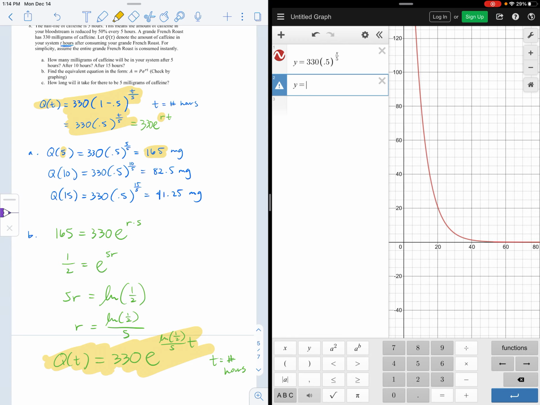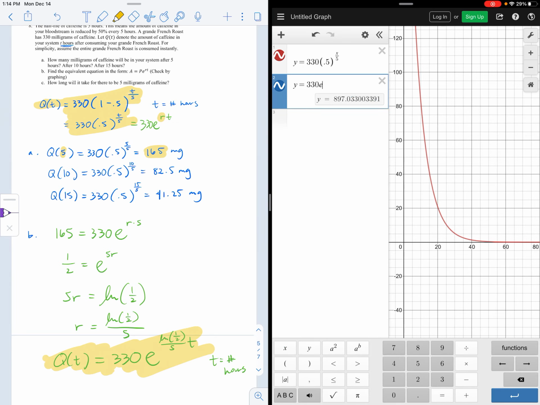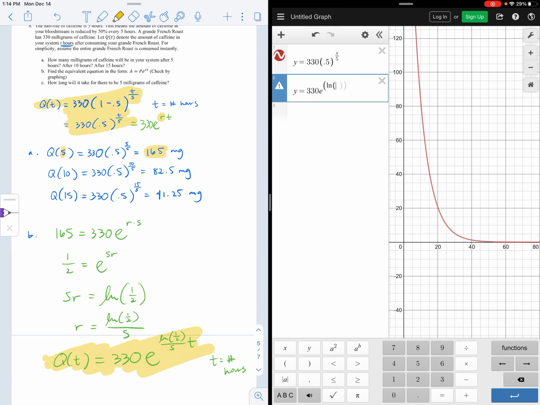And then we can now type in our equation that has base e, so still 330 times e to the, let me use parentheses to write this. I hit the function button. I'm using Desmos to type in ln of 1/2 divided by 5 times x.